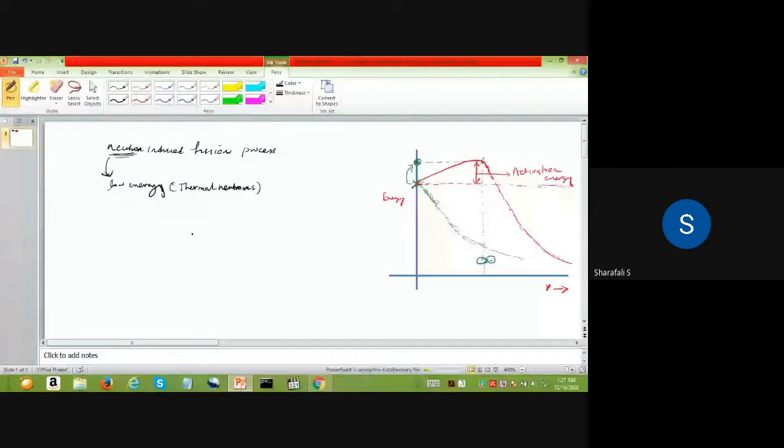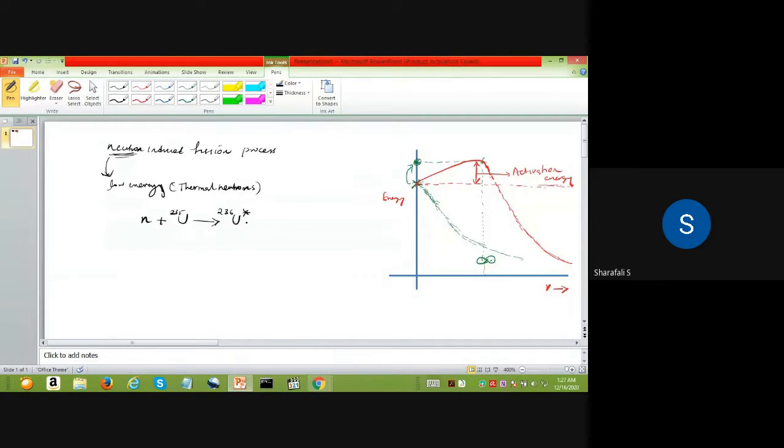So the reaction will be like this: you have a neutron which is absorbed by uranium 235. Okay, so uranium 235 will go to the excited state. When it absorbs the neutron, it will become uranium 236, which will be in the excited state.